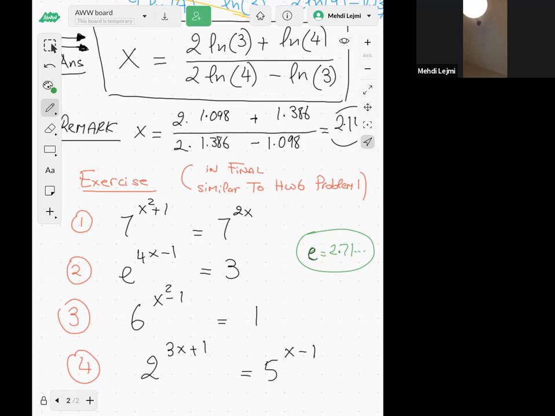Number 2, you cannot really write this as e to some power. So for number 2, it's like number 4. You have different bases, so you have to apply a natural log to both sides.